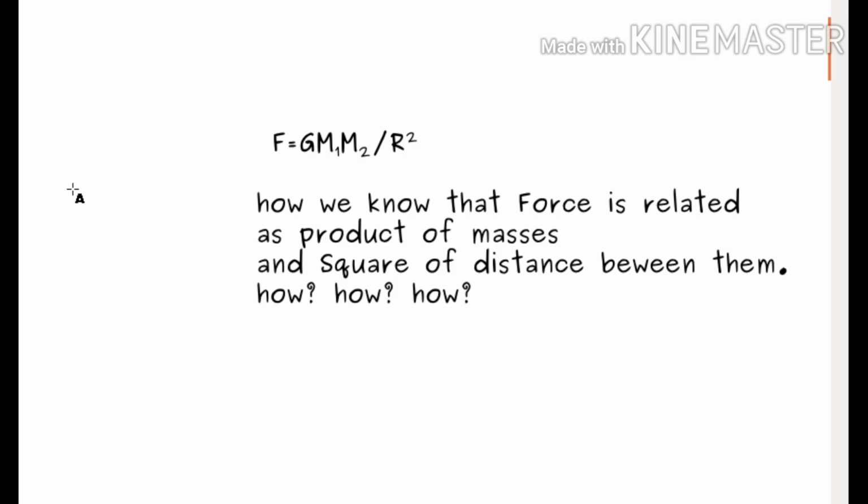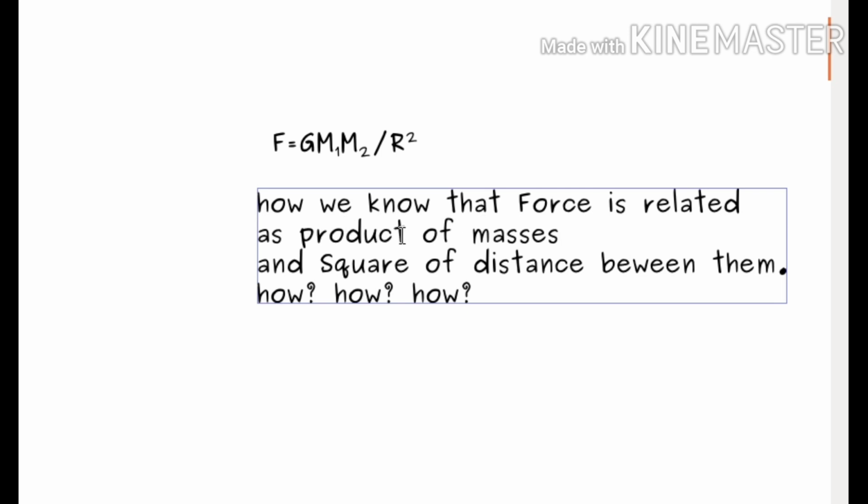again you know about this, we took the universal law of gravitation to explain this. Force is equal to G m1 m2 divided by r square. Now what does it mean? Here again I can see that m1 m2, the product of masses, and the square of distance in between them. But my question is, how do we know that the force is related as a product of masses?